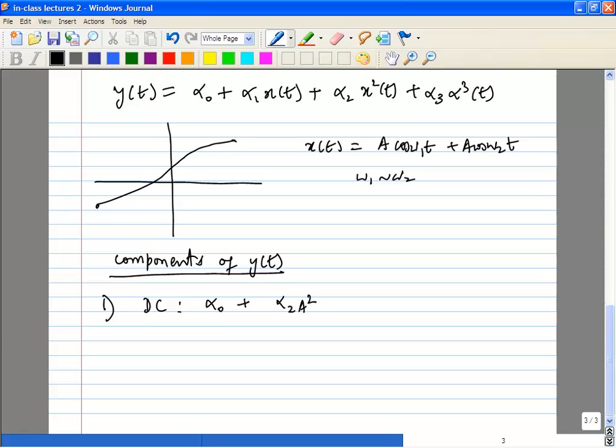So you'll get a DC term from that. This is of course the output bias, and this is your offset. And the more even order terms you consider, the larger the offset. Okay, the more accurate actually, because the extra offset added by those larger terms will also fall.